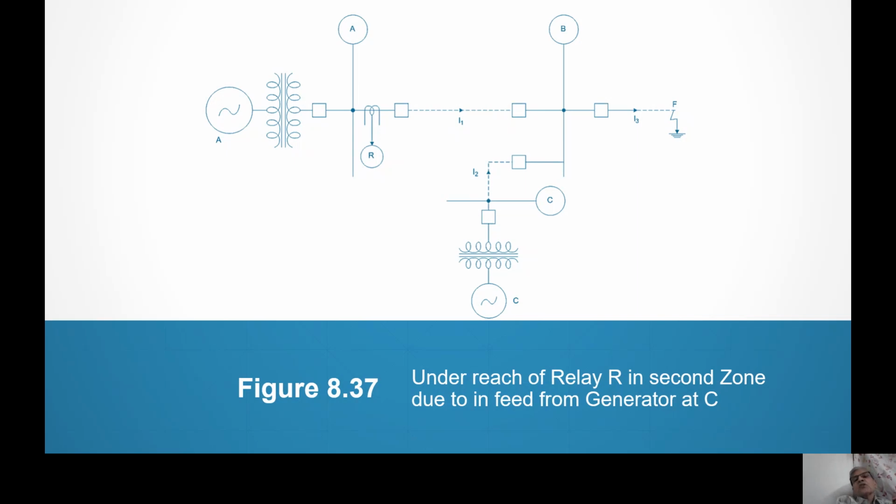This solution for the TID line is also suggested by Professor Bhavesh Bhalja, right? How you can correct this? Correction can be made so that the relay reads the right impedance.